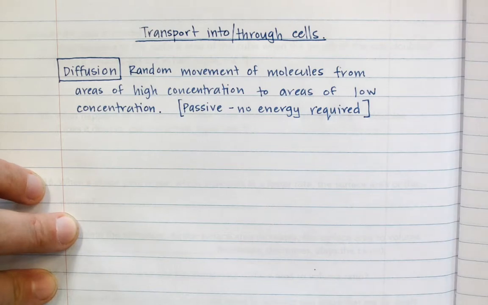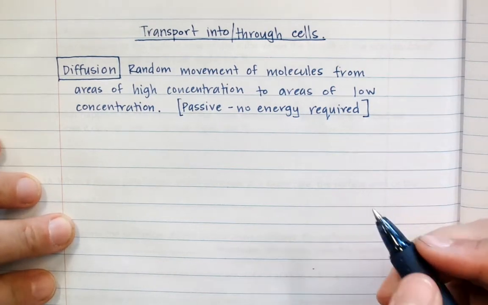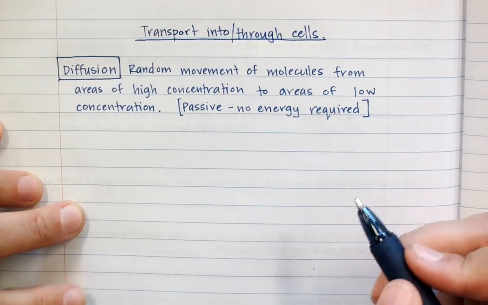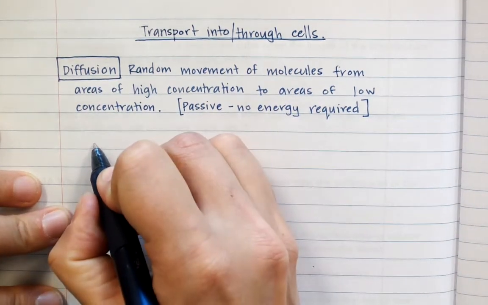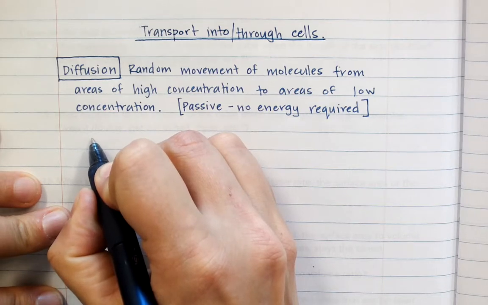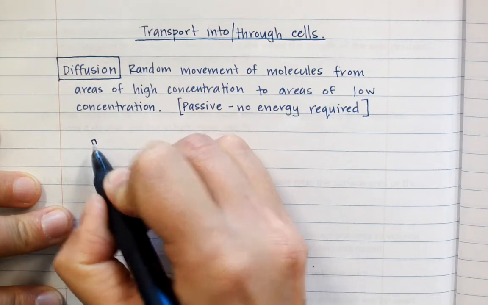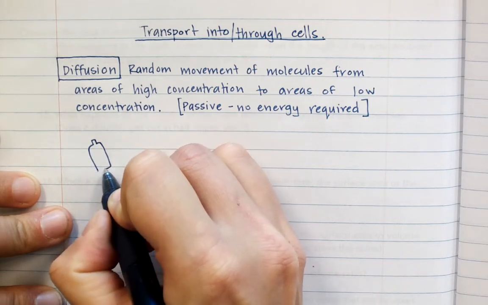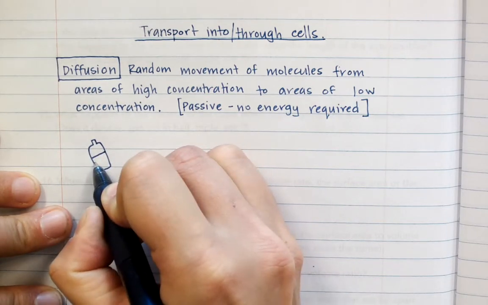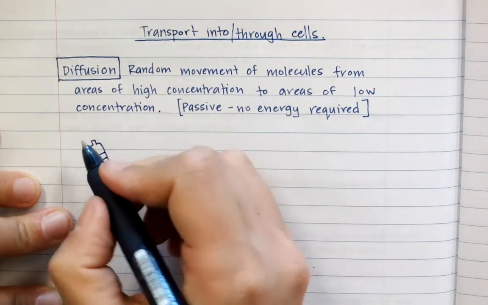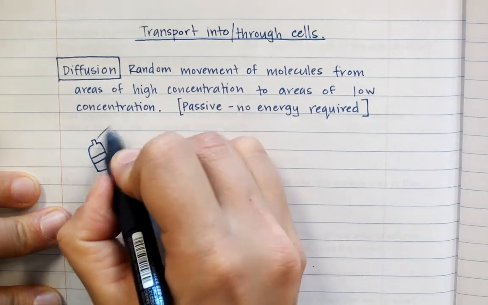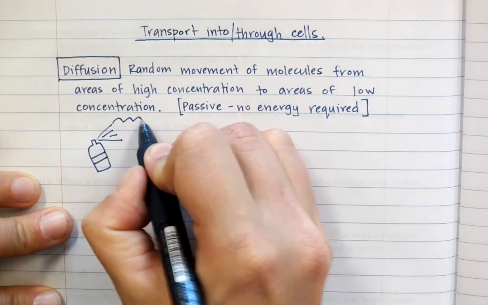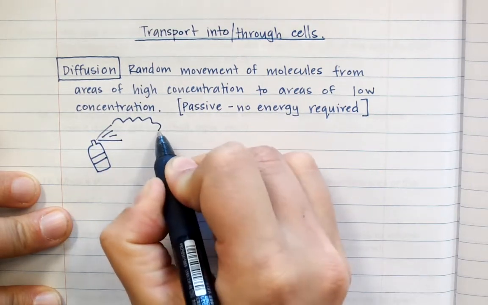So my example for this is going to be spraying like a Febreze or a perfume. So I'm going to draw here a very high-tech bottle because my artwork is so good. We'll put a label on it. And this bottle, when I spray it, it's going to make a cloud of stuff.